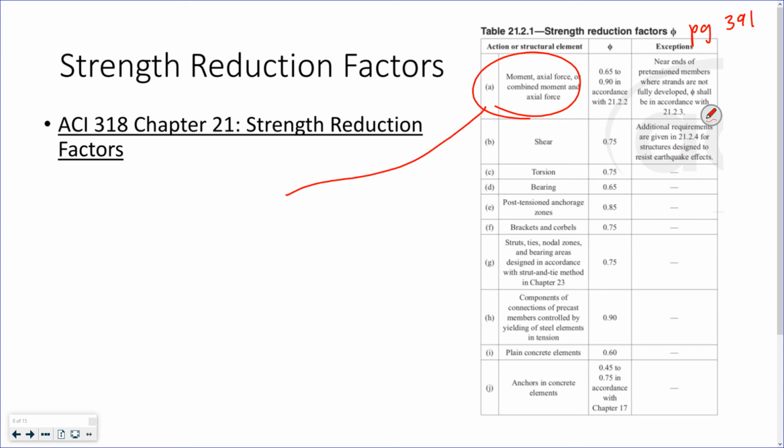because this is what we use for moment, flexure, whatever you want to call it, beams, axial force, so columns with our compression. You're not likely to use concrete for tension. I wouldn't recommend it. It's not very good.